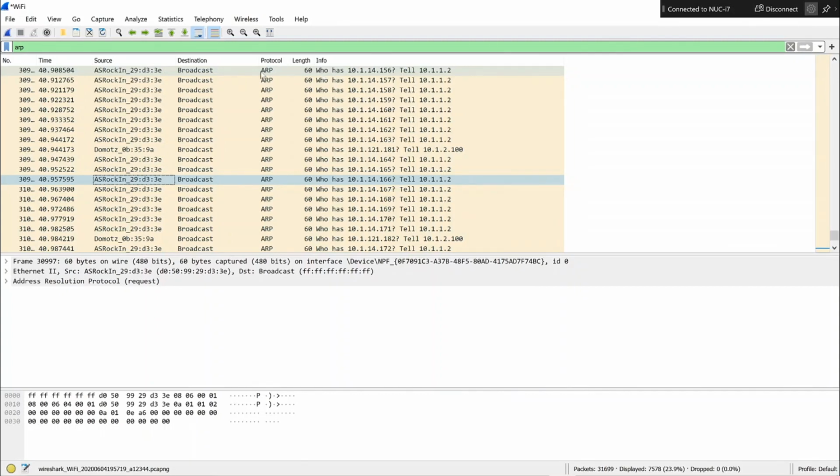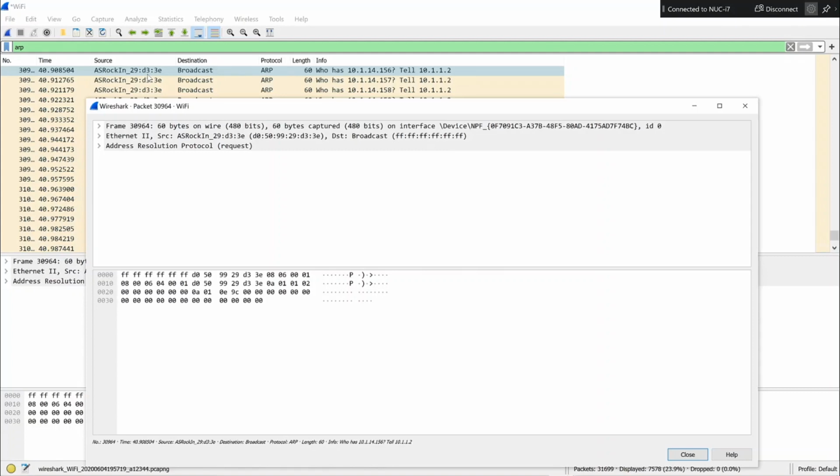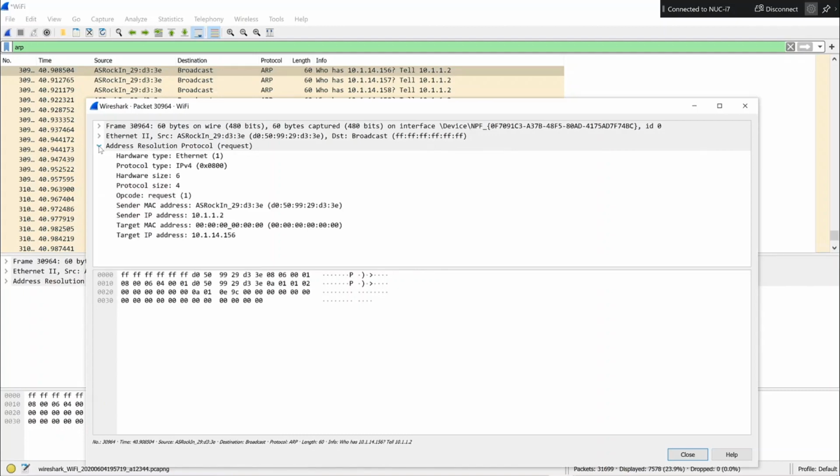If we open what's been captured, then you can see on the highest layer, in other words, the bottommost packet, the innermost packet, that this is an ARP request, and we are asking for an IP version 4 address. The sender MAC address is specified there as ASRock, and the network interface card number is specified there.